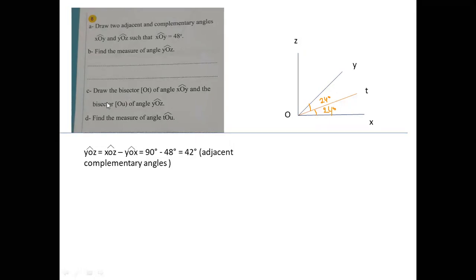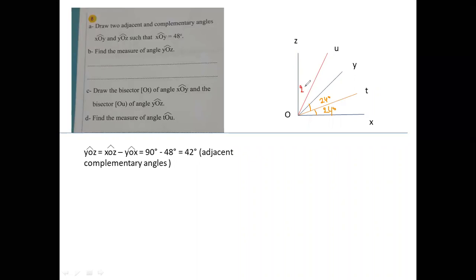Now we're going to draw, in the same way, the bisector OU of angle YOZ. So the red semi-straight line OU is the bisector of ZOY, which means that it cuts it into two equal angles.